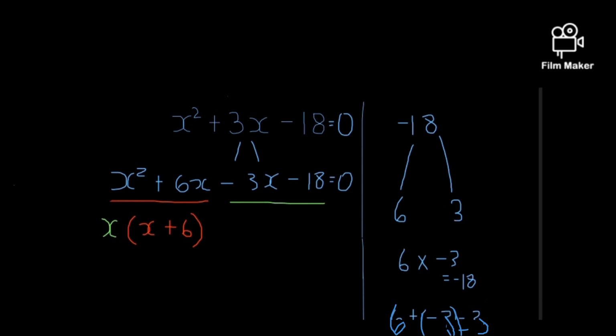So we're going to factor out the negative 3, or divide through the negative 3x minus 18 by negative 3, and we'll have x plus 6 remaining inside the bracket.